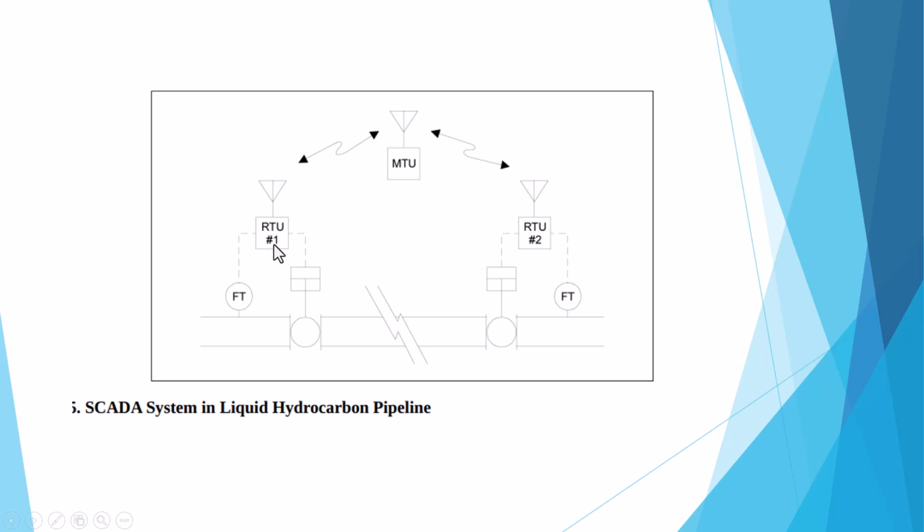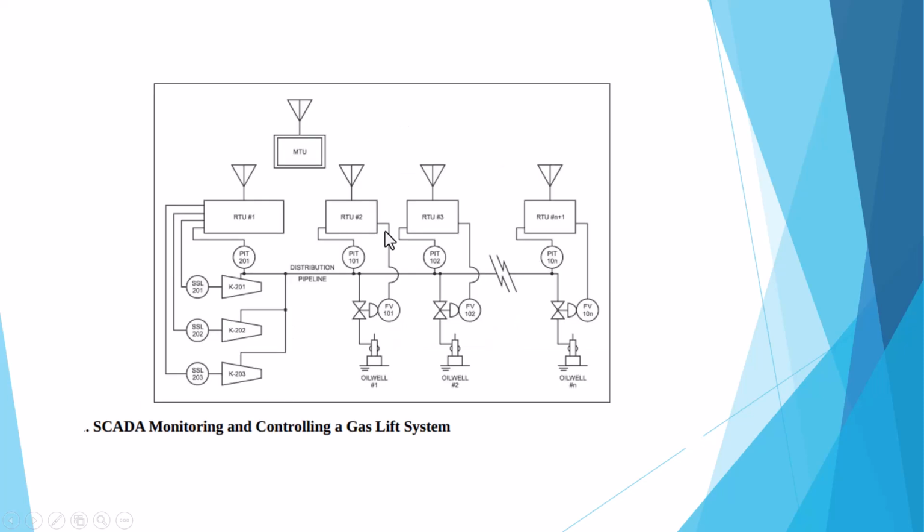Then the CPU figures it out and sends a signal to the control valve. When the control valve is done, the RTU collects the information and sends it back to the MTU. This is all the system, okay? This is all the same thing.